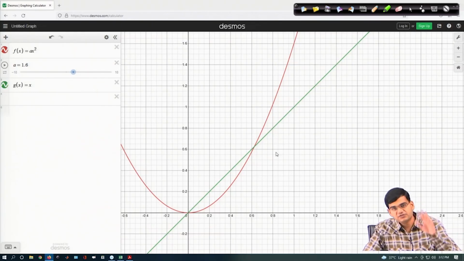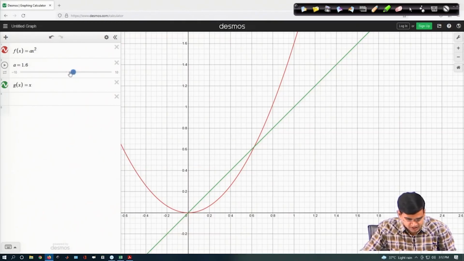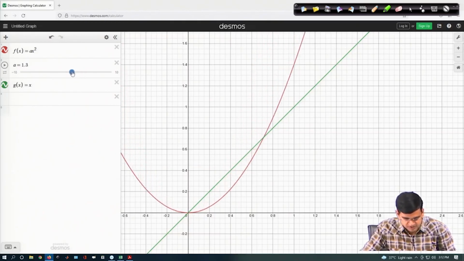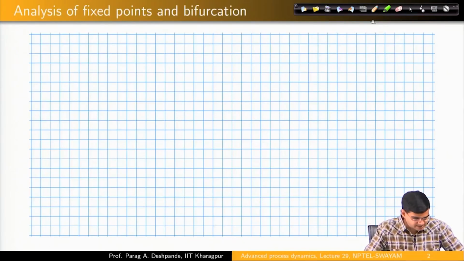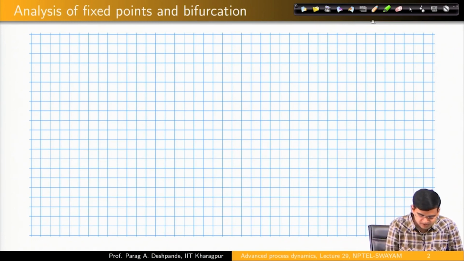If this were a corresponding system in continuous domain, you would have two equilibrium solutions, but here you have two equilibrium points, which can be very easily seen from this particular plot. Now, if this is the case, our plot looked something like this.